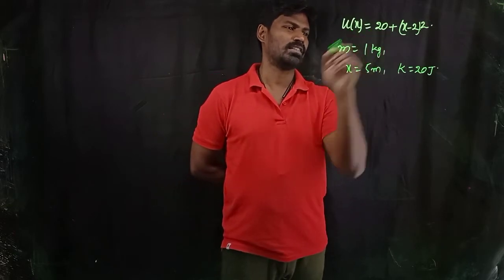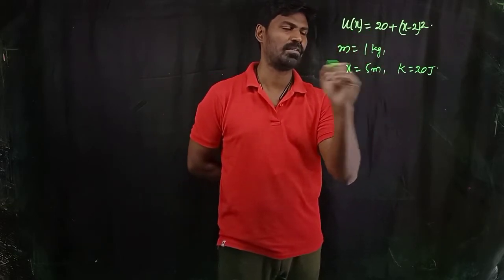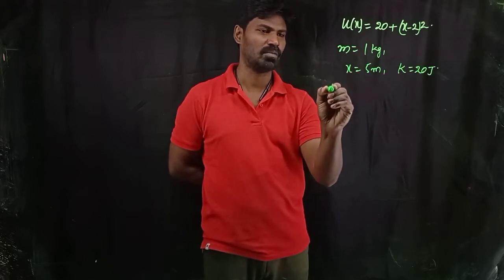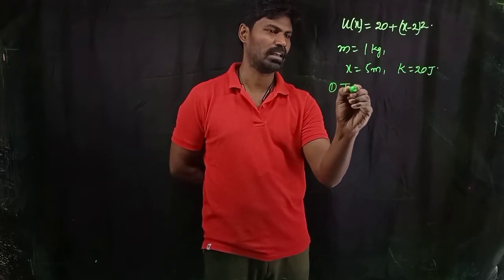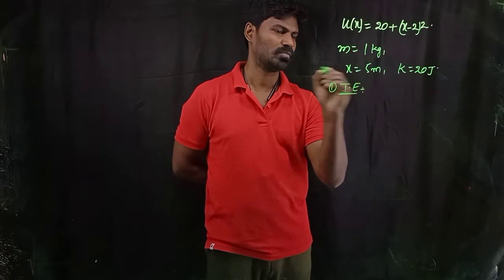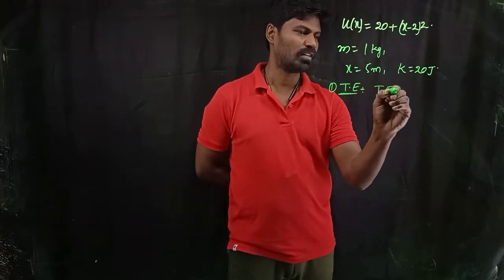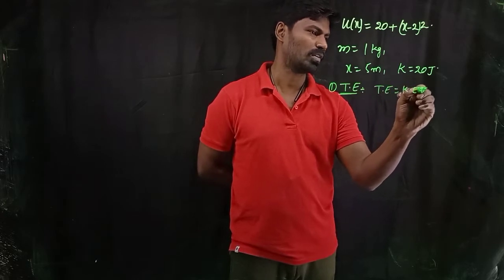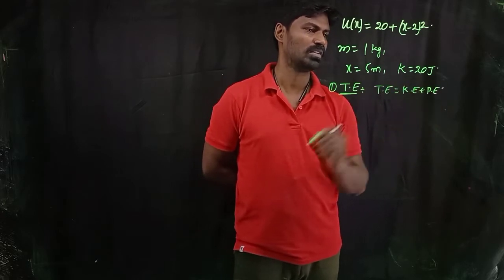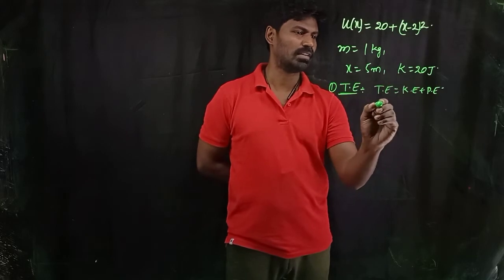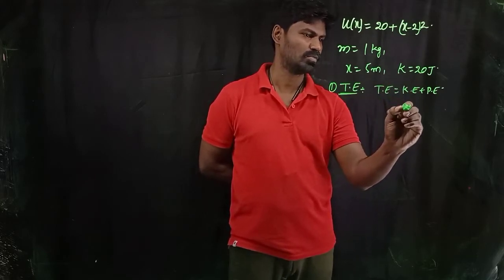U as a function of x is given and the kinetic energy at 5 meters is given. First, I will calculate point number 1, total energy. What is total energy? Total energy is the sum of kinetic energy and potential energy. Am I right? So kinetic energy is given directly. How much is it? 20.